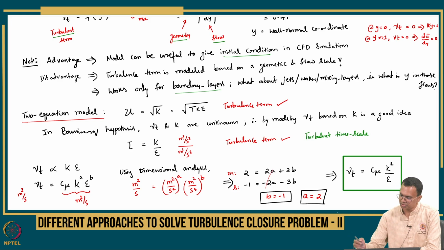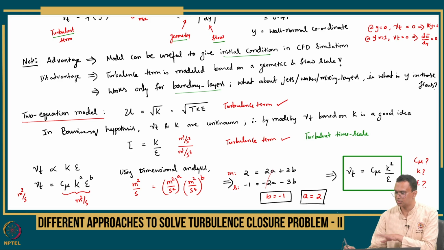At least we have got an expression here, right? So what is C mu, how to compute k, how to compute epsilon, these three I need. Even in the Boussinesq hypothesis I need the turbulence kinetic energy k. If I find a way to compute k, that will serve the purpose for both nu-t and k. In addition, of course, I need to figure out what C mu and epsilon are.